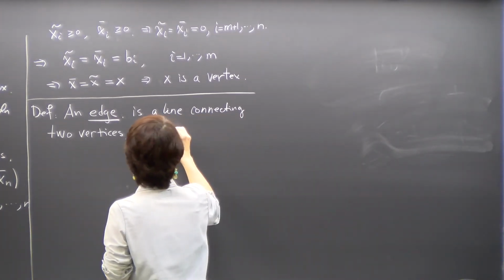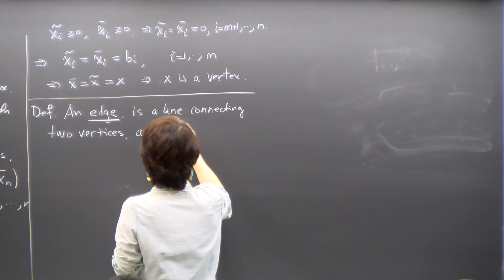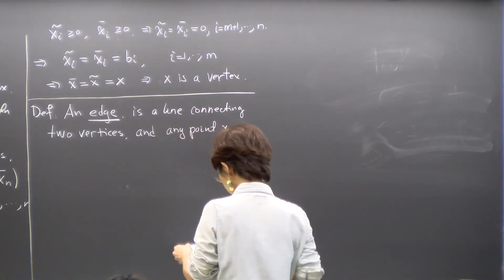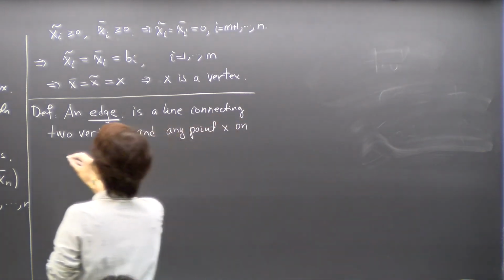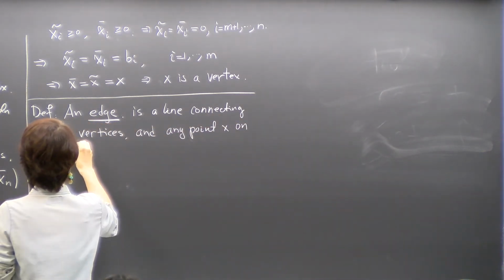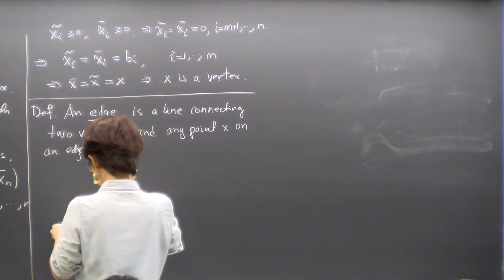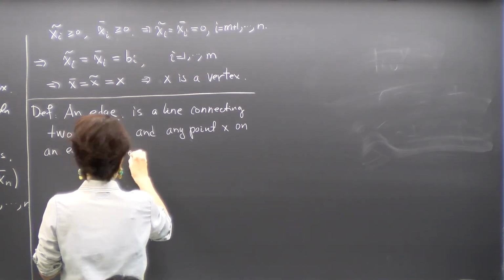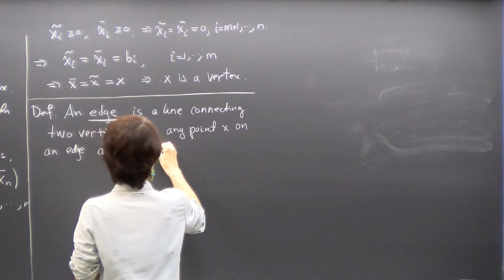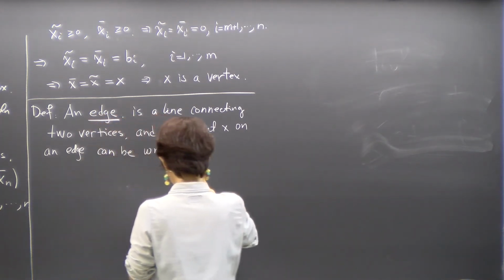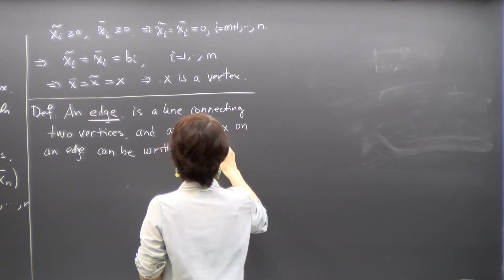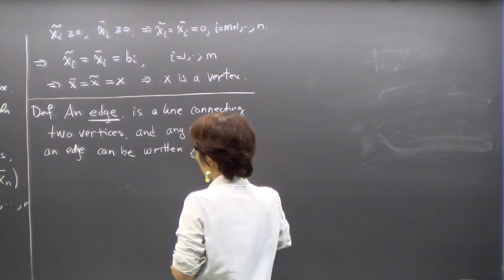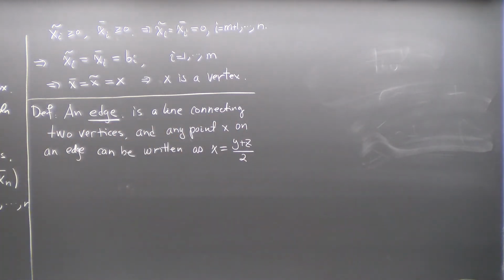Okay, so let's formulate. If I pick any point x on an edge, it can be written as x, the midpoint of two other points, y plus z over two.